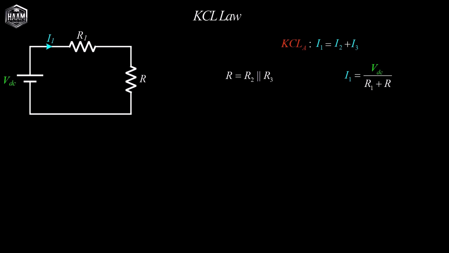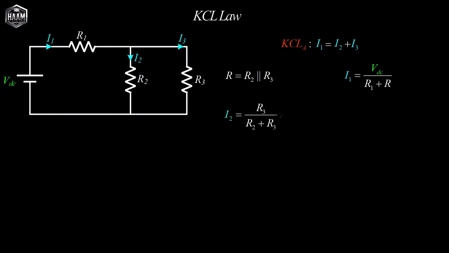Now, we have I1. If we return the circuit to its original configuration, we can express I2 and I3 using current division. Since R2 was in parallel with R3, the current flowing through R2 equals the other parallel resistor, here R3, divided by the sum R2 plus R3, multiplied by the total current we calculated as I1.